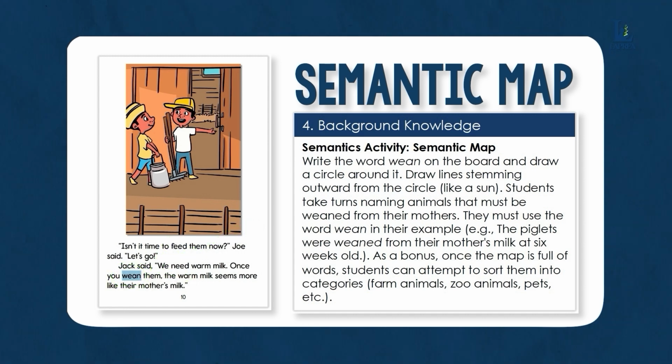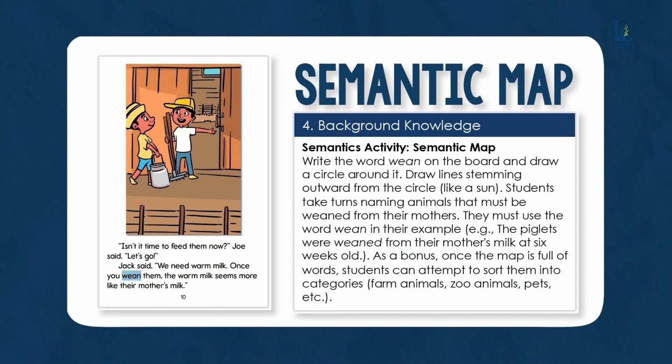And students would take turns naming animals that must be weaned from their mothers, meaning they no longer drink milk from their mothers. So they must use the word wean in their example, like the piglets were weaned from their mother's milk at 6 weeks old. And as a bonus, once the map is full of words, students could attempt to sort them into categories, just like we talked about in the previous one with categorization, like farm animals, zoo animals, pets, etc.